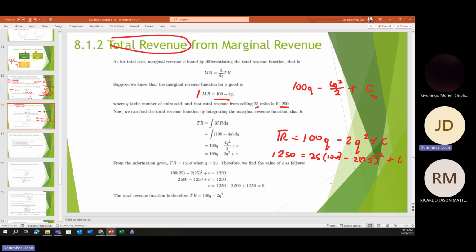And in this instance, strangely enough, C was 0. So your final answer would have been total revenue is 100Q minus 2Q to a power of 2.